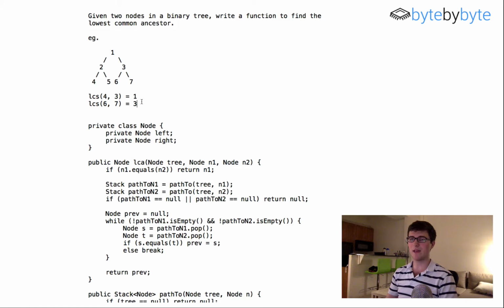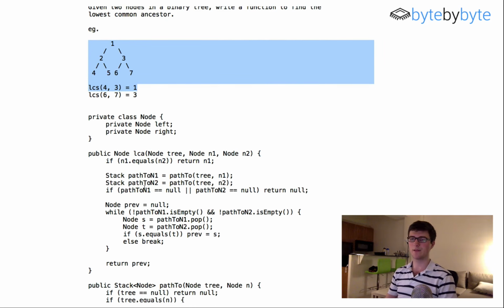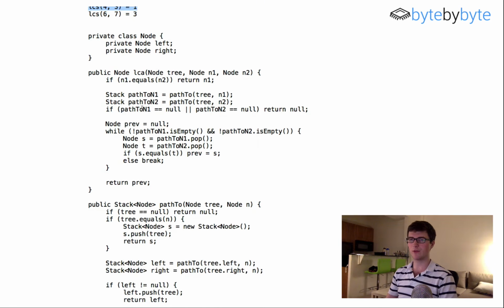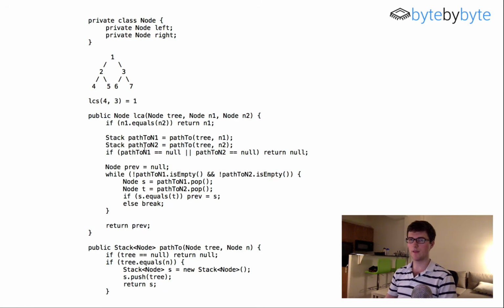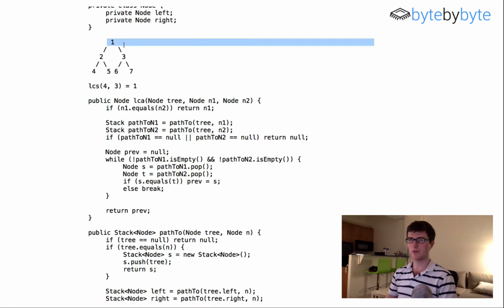So let's go ahead, and I'm going to use this tree, and I'm going to test, let's say, this 4 and 3 here. So let's come down. We're going to call this here. We're going to call tree is 1, node 1 is 4, and node 2 is 3.